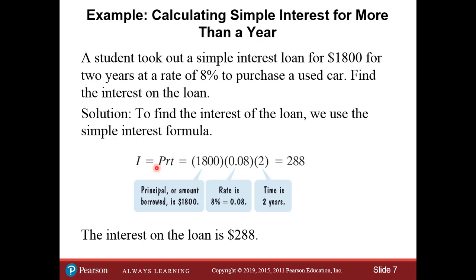So I equals PRT. So it's the amount that you're borrowing times the annual interest rate in this case times the number of years. And so the total amount is 288. So notice that 8% of 1,800 is $144. So it's just $144 added to itself once.